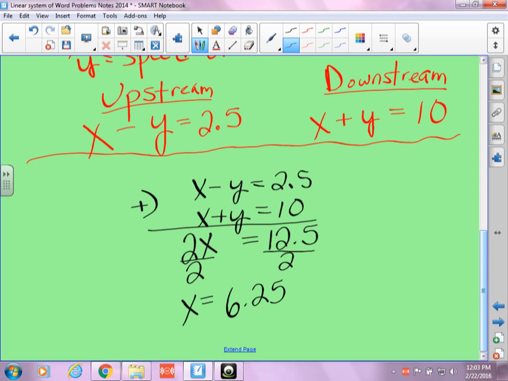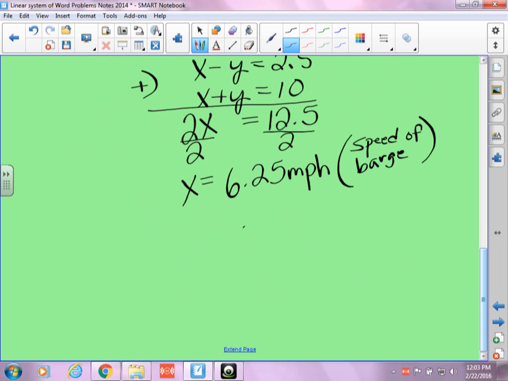What did I just find? What would be the label? Yes, miles per hour, and in parentheses, speed of barge. You have to make sure that you put the label and you tell me what you just found. Like, what does that mean? Good. I'm glad you get it. Now I'm going to grab another equation. x plus y equals 10.